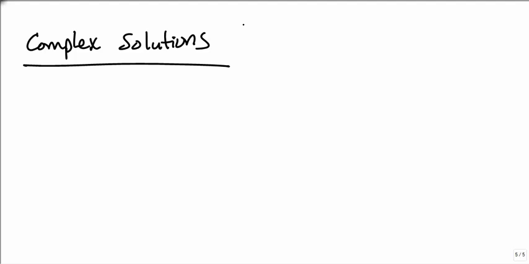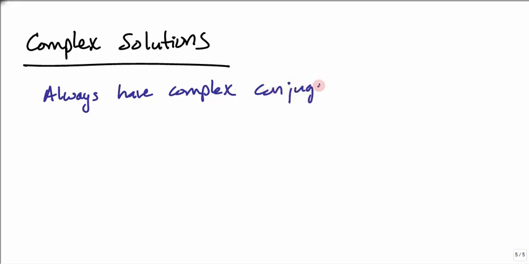I get a negative value under the square root sign. Now the thing that we want to remember would be this. Complex solutions come in conjugate pairs.